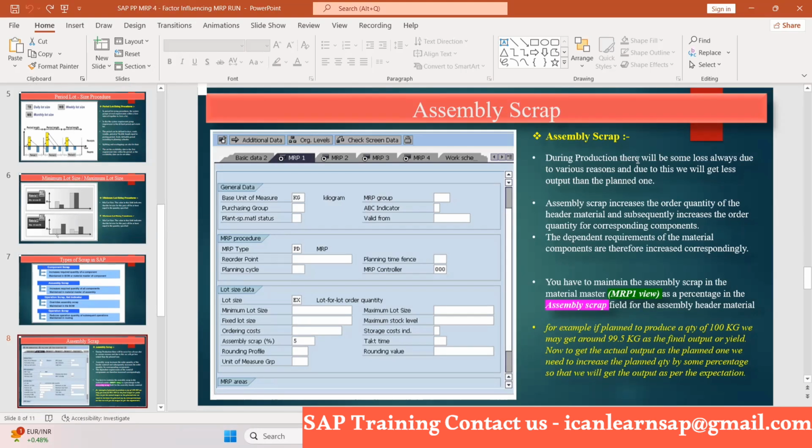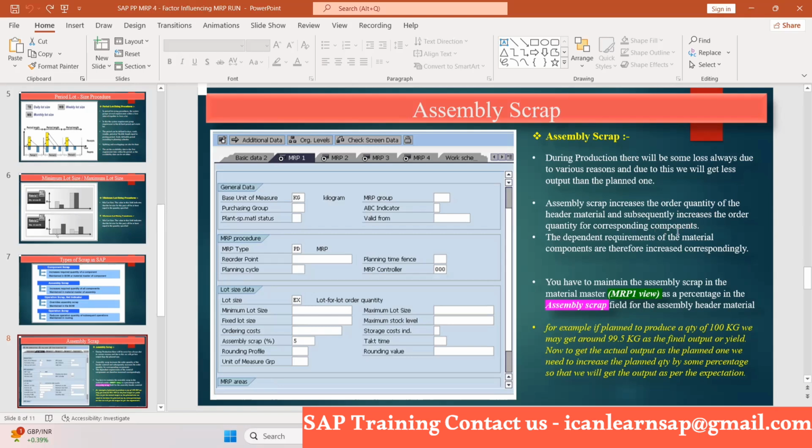During your production, there will always be some losses due to various reasons, and because of this we get less output than the planned one. Assembly scrap increases the order quantity of the header material and subsequently increases the quantity of the corresponding components.